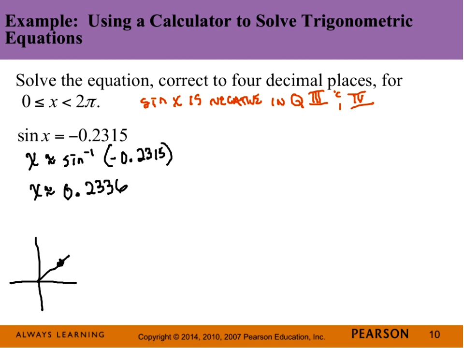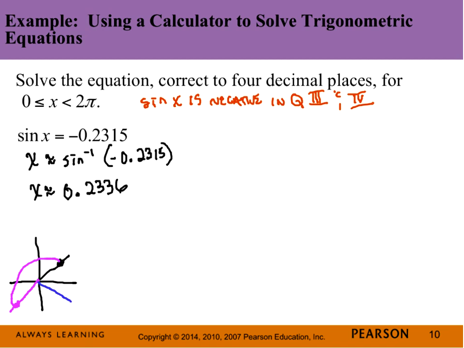So for quadrant 3, once again, I just want to go straight across 180 degrees, so I just need to add pi to that value. But for quadrant 4, that's a little trickier to think about. So I'll think about something here.